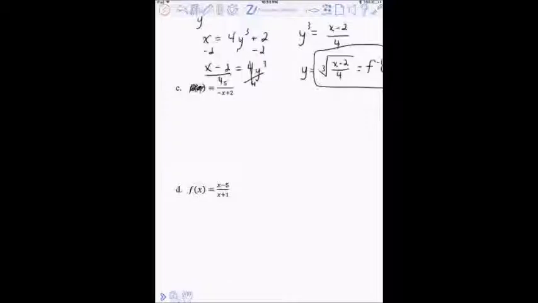Okay, this one's same technique. How we solve for y is slightly different. So if f of x is equal to y, then we switch the place of x and y to get x equals 5 over negative y plus 2. Now this fraction here, I want to try to get y so that it's not in the denominator. So one thing you can do is multiply it on both sides.